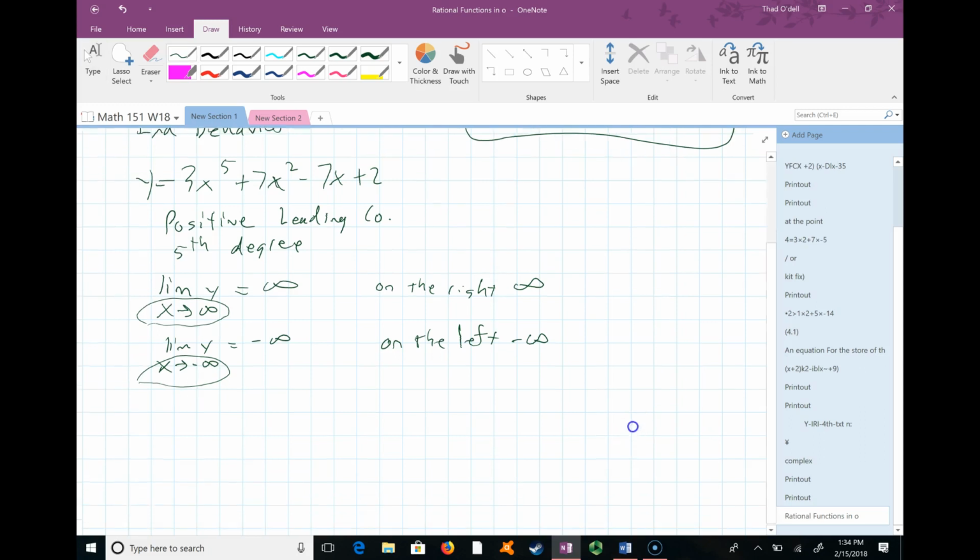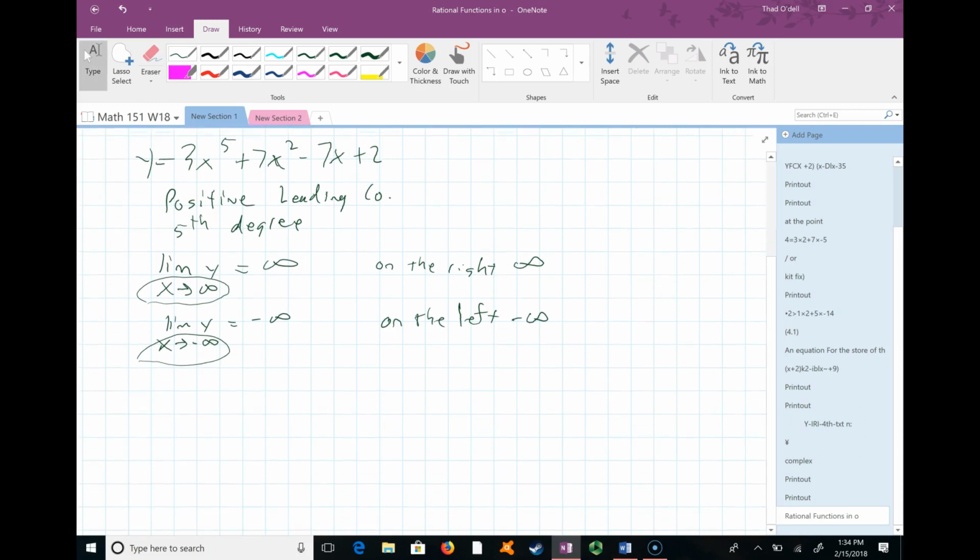The other thing about polynomials is we learned that the roots of a polynomial are connected to the factors of a polynomial. If we have a polynomial in factored form, like x plus 2 times x minus 3 times x plus 1 squared, let's say, this has roots at negative 2 because of that, positive 3 because of that, and negative 1 because of this last one.